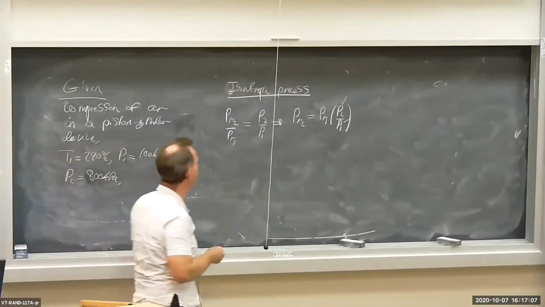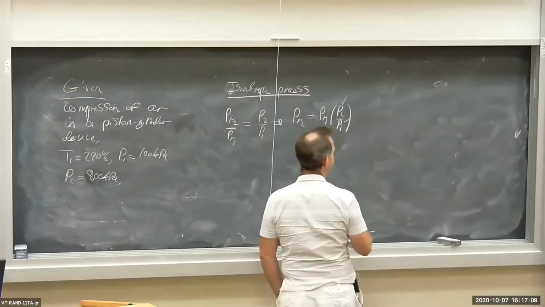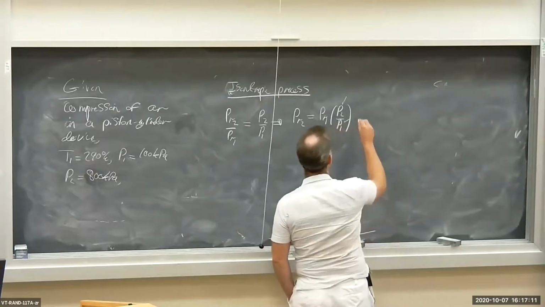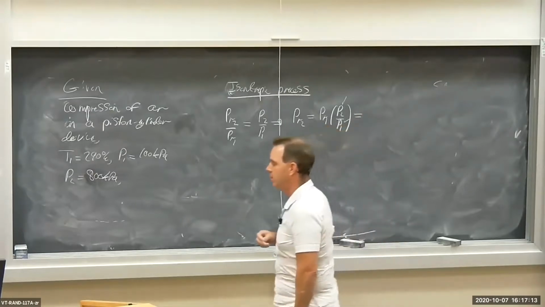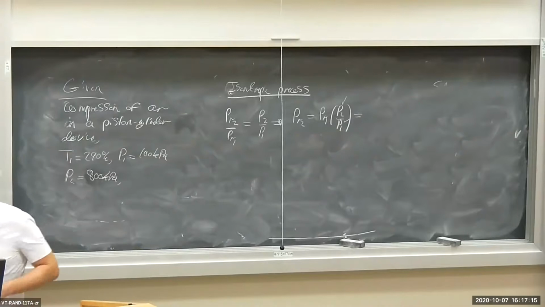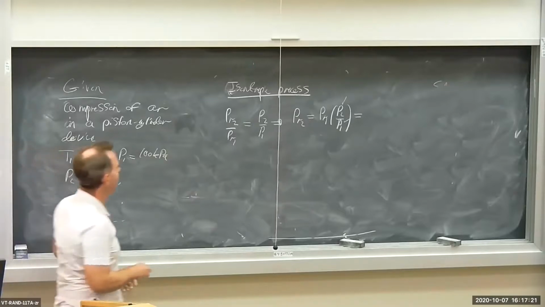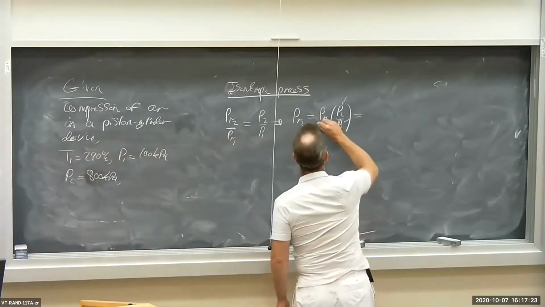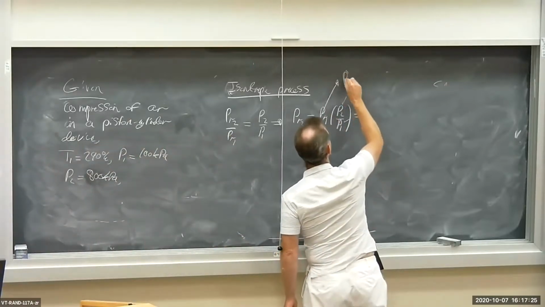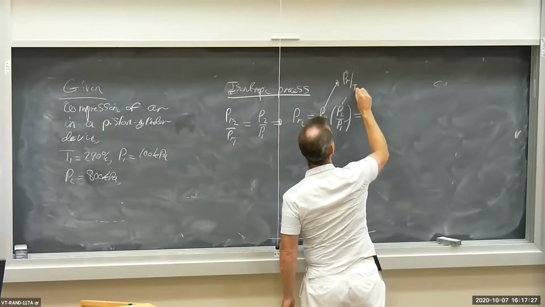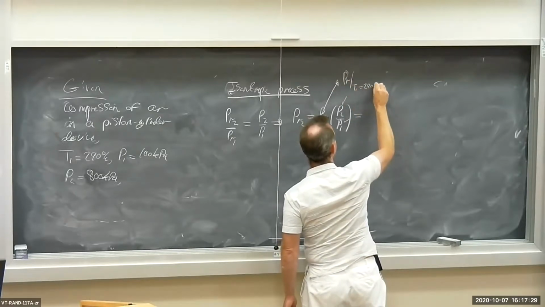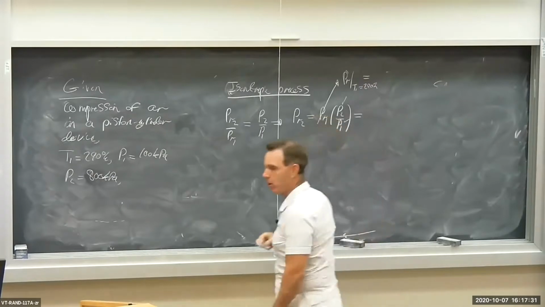So let's see if we can find PR2 and then back out the internal energy from tables at state 2. PR1 is PR evaluated at T1, which is 290 degrees Kelvin. So let's see if we can look that up.